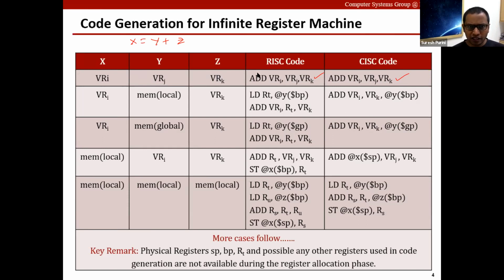Otherwise, if you are accessing the variables y and z for the first time, we may have to generate extra code to load the contents of those variables into the virtual registers VRJ and VRK respectively. We are assuming that code is already generated, and variables y and z are already promoted to the registers VRJ and VRK respectively.